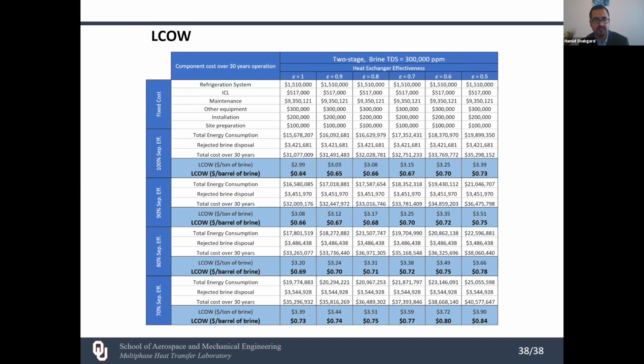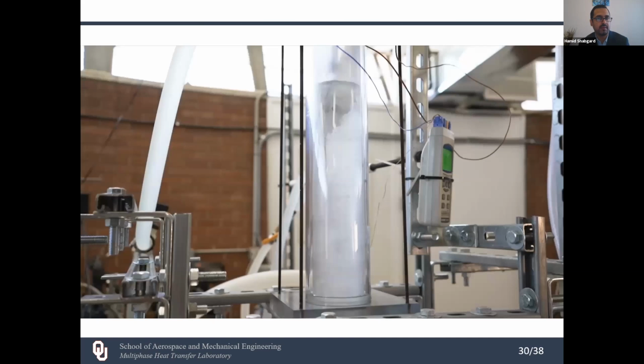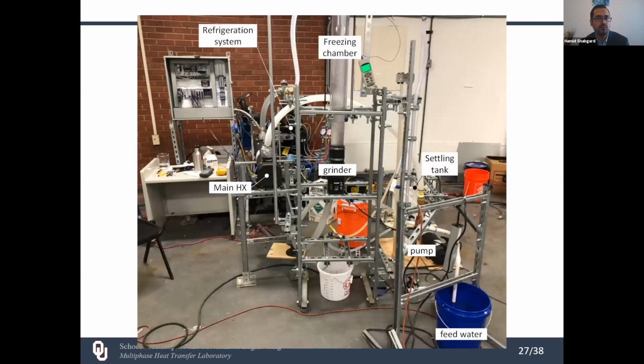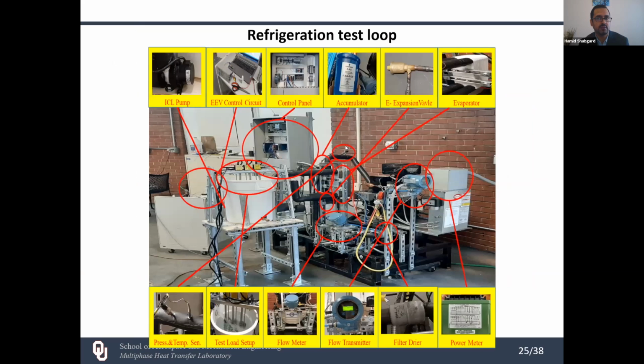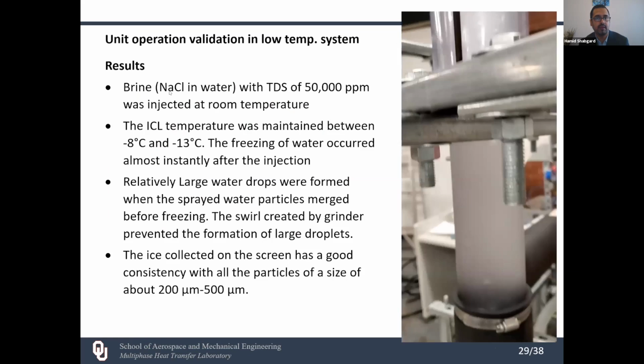That is a good question, and that's right. As I said in the experimental part, the brine that we used for these experiments, we made in the lab. We mixed table salt with water to make this composition. This prototype has been completed recently, so this was the first stage.